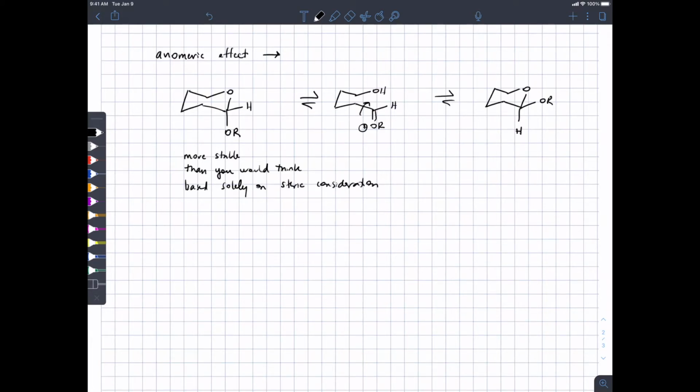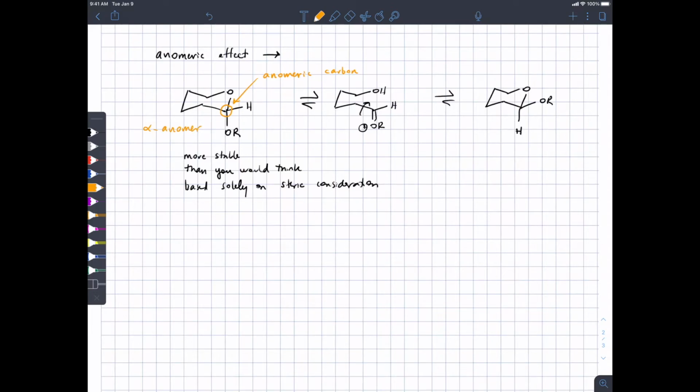A couple of terms that may help, or that you will hear when people talk about configuration at acetal carbons. Just for the sake of definition, people will call this the anomeric carbon. And they will call this one on the left the alpha anomer.